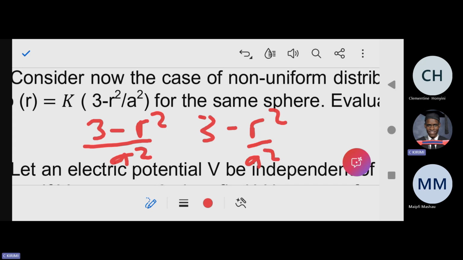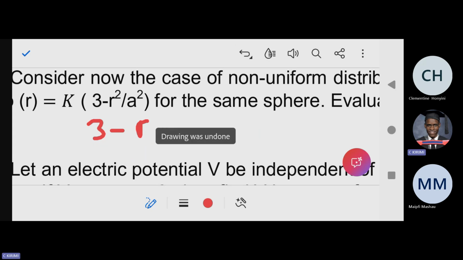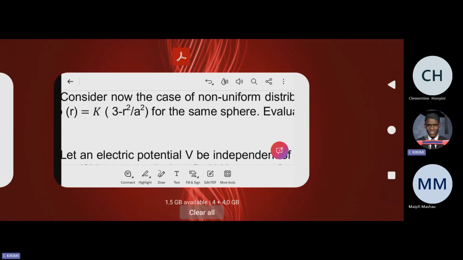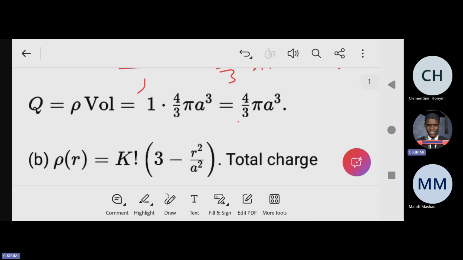Here it was not put in brackets. There are no brackets, so it's r squared over A, which is this one. Be careful of how you interpret these things. If you mistakenly make it one denominator, then you are wrong. You must know that division starts before subtraction, BODMAS. So 3 minus r squared over A looks like this.